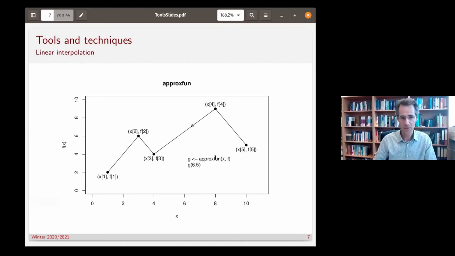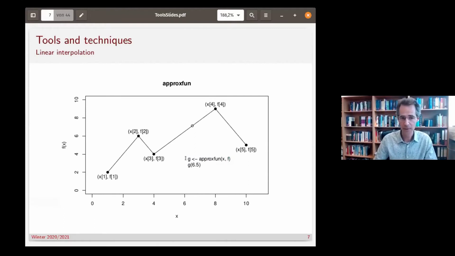If we used the Approx fun command, then it's actually simpler. In that case, we would use the command in this way. So we would use Approx fun, vector of grid points, a vector of functional values at that point, and the output would be assigned, say, to an object g. Then g is the linear interpolated approximation of the function f. And it's actually a function, and it could be used like a function.